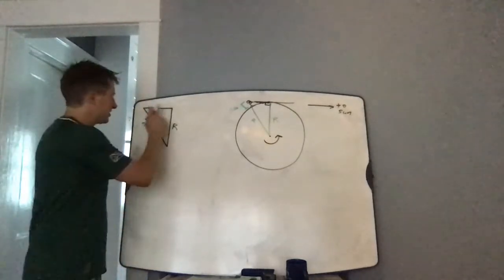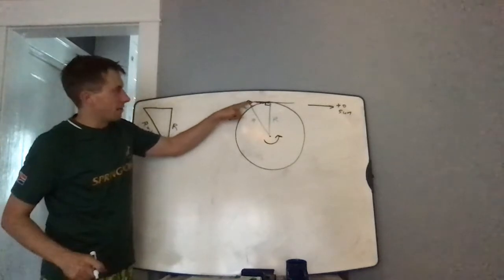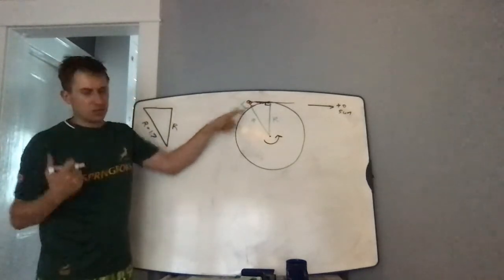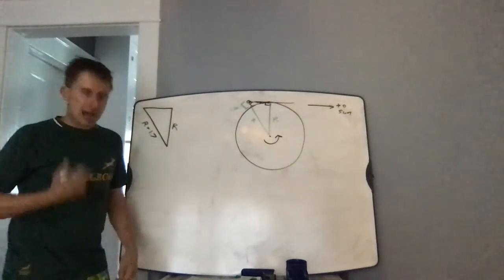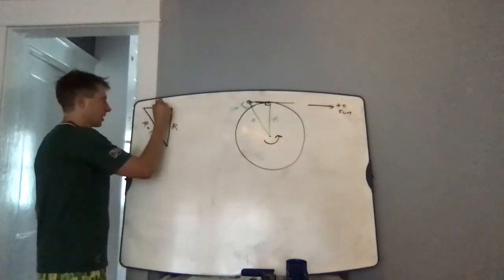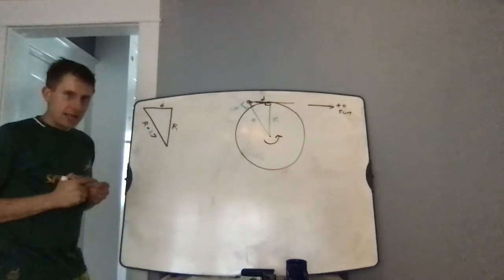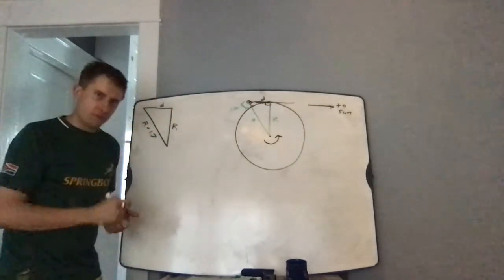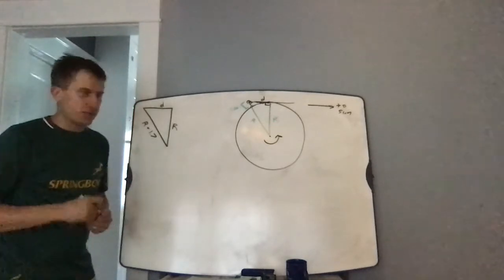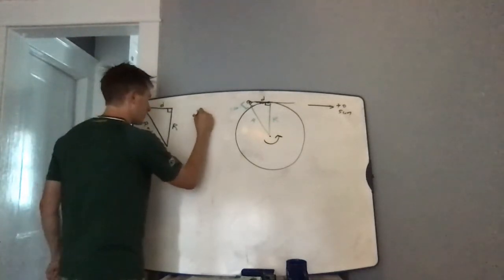And this distance over here is the distance I have moved away from the sun in those 11.1 seconds. I do not know what that distance is. So without more information, I'm just going to call this distance d. So at this point, we remember from geometry the Pythagorean theorem, a squared plus b squared equals c squared.